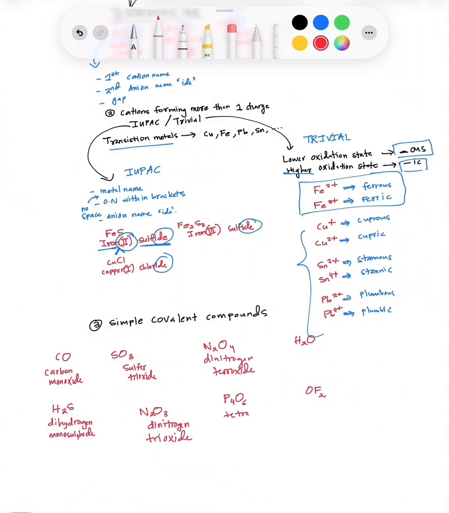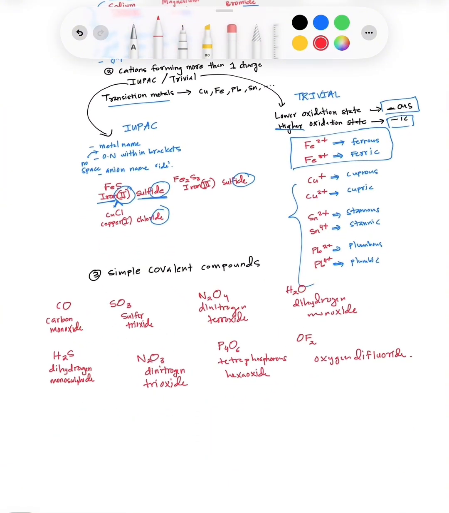This is tetraphosphorus hexoxide, right? 6, hexoxide. Dihydrogen monoxide. And this is oxygen difluoride.